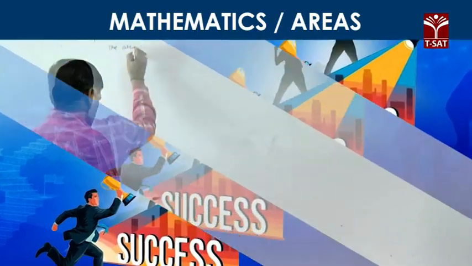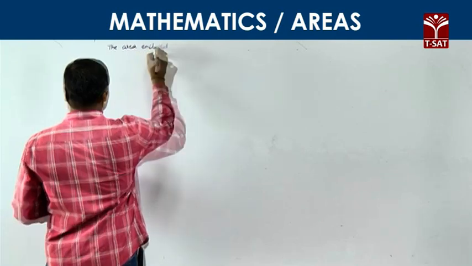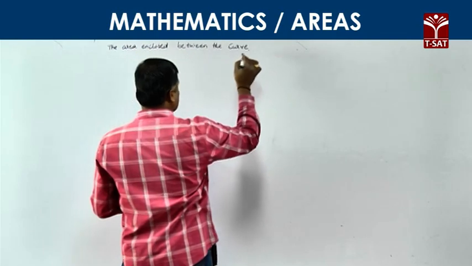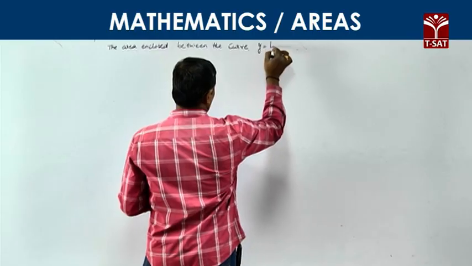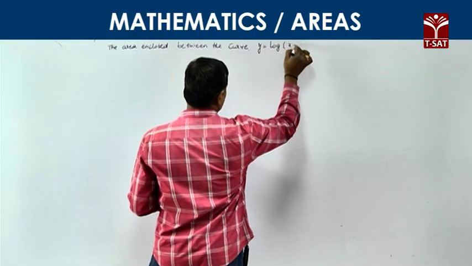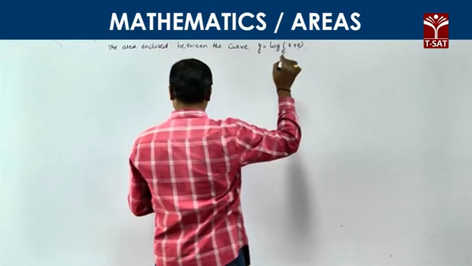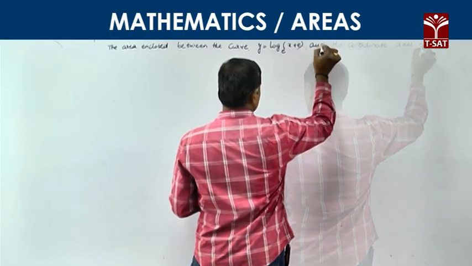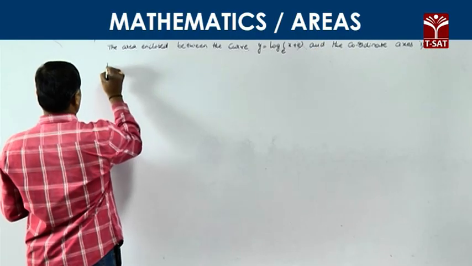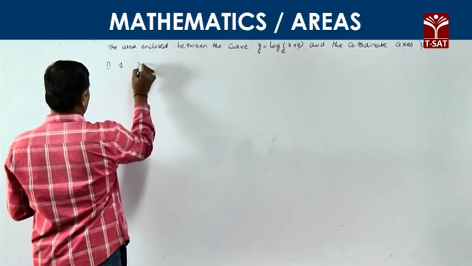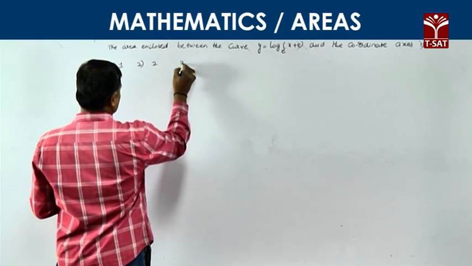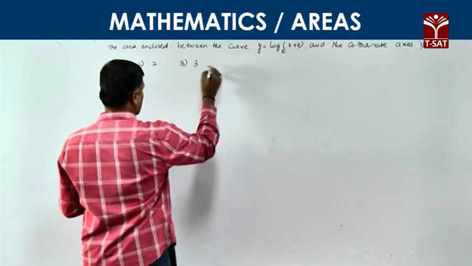Next problem: the area enclosed between the curve y is equal to log of x plus e to the base e and the coordinate axis is. First option 1, second option 2, third option 3 and fourth option 4.